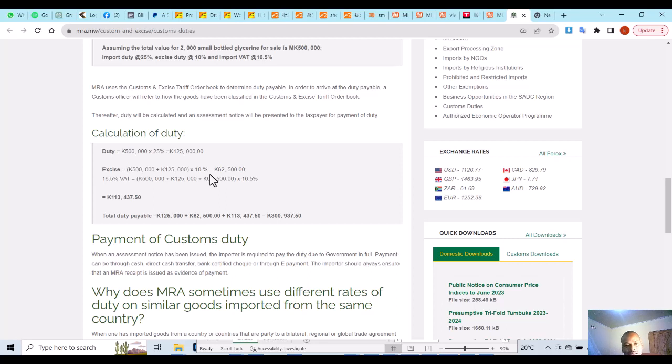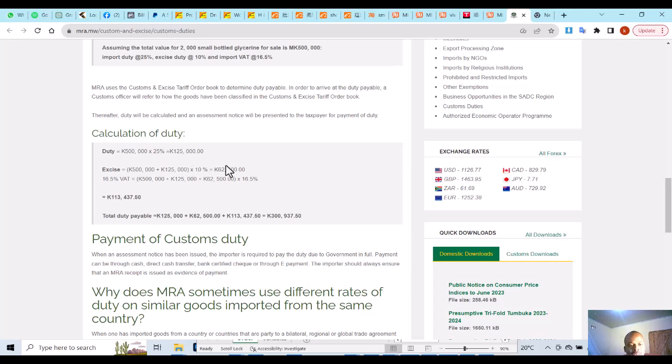Okay, I'll say excise. Now, on the excise, they'll add the transportation, the actual price that you used to buy, which we call the value of the product, plus the 25% duty they charged already. They'll put it there, and I think you're able to see here, and they get 10%.